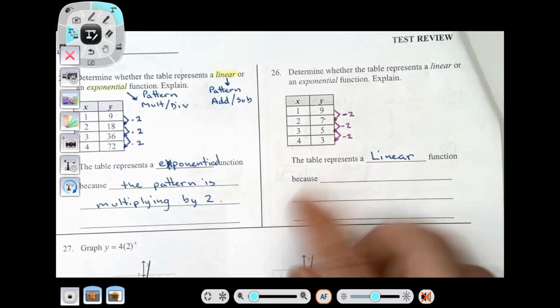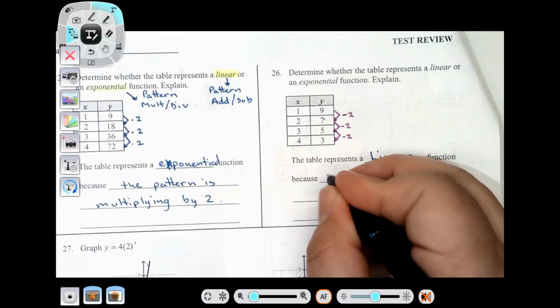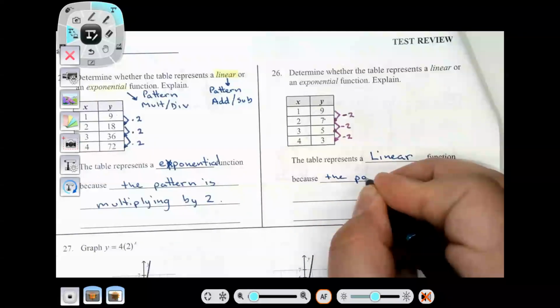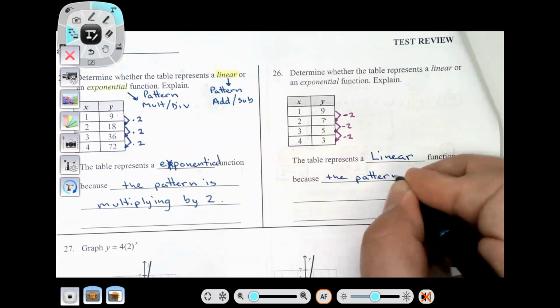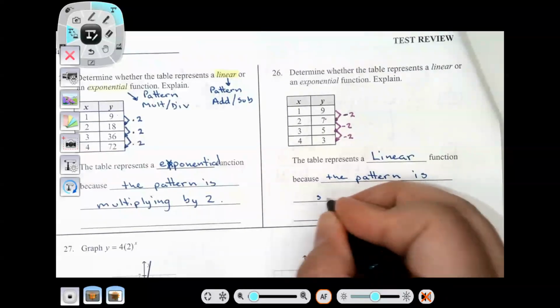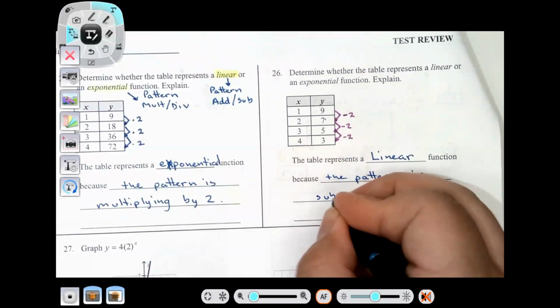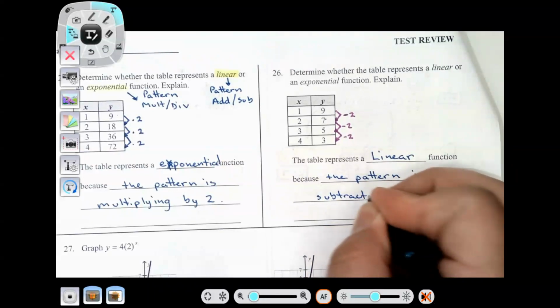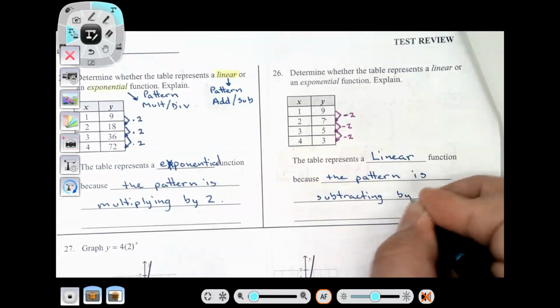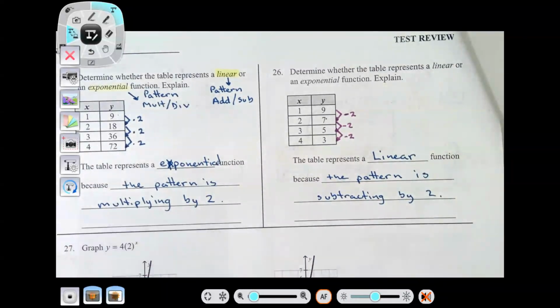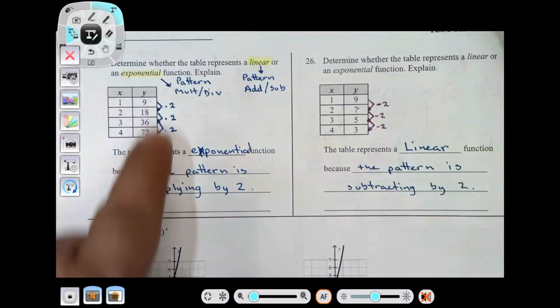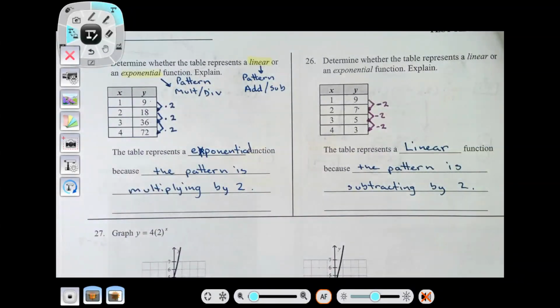And because the pattern, right? We always talk about the y. The pattern is subtracting by 2. All of this is in your word wall. Look these words up. You know you're going to need that part of the word wall for the test.